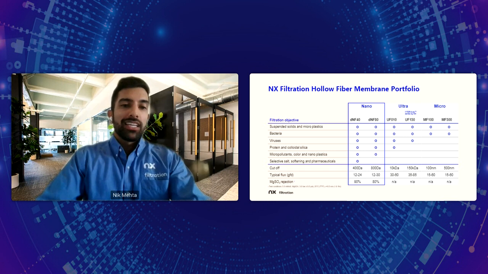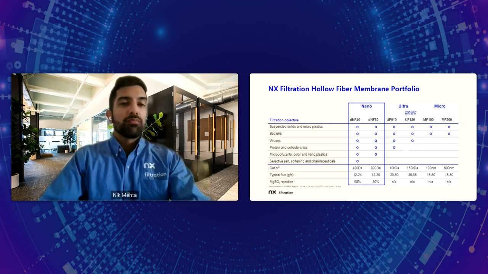These membranes are in a hollow fiber configuration, but they're significantly tighter than your traditional ultrafiltration membranes. You can see here molecular weight cutoffs of 400 Dalton and 800 Dalton, as opposed to your typical 150,000 Dalton ultrafiltration, usually like a 0.2, 0.3 micron cutoff.